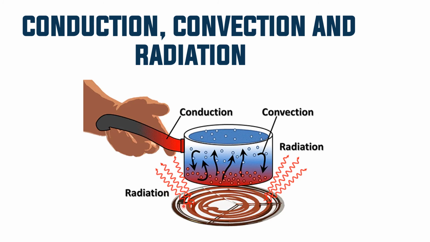That radiation passes through space, and space doesn't have any medium like gas, liquid or solid. It is an empty place. Through that space, the sun's radiation comes to the earth. So these are the three ways of transfer of heat: conduction, convection and radiation.